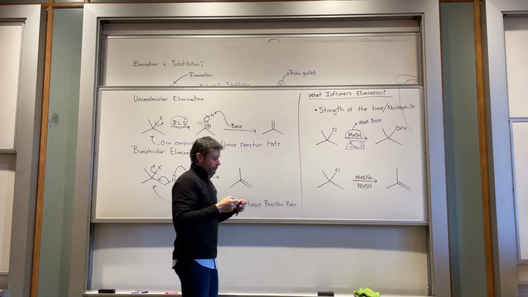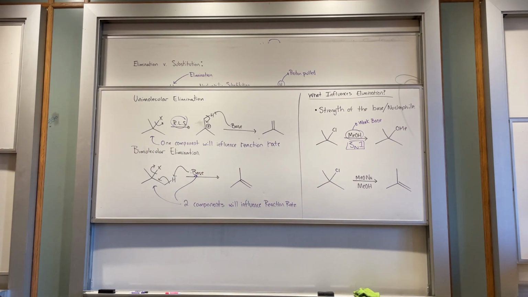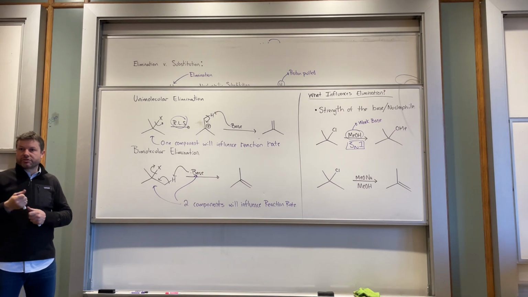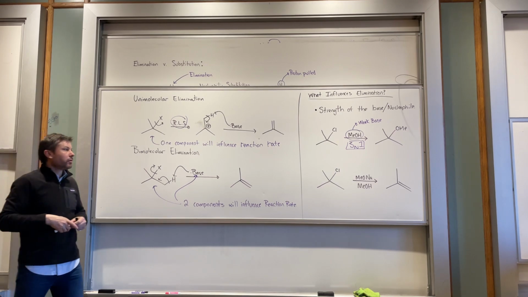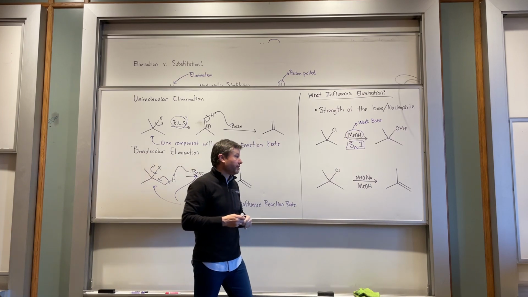So here are two reactions. You can see we're starting with the same starting material, and the only difference is in the top reaction we're using methanol. In the bottom reaction we're using a combination of deprotonated methanol, or sodium methoxide, in methanol solution. So in the top reaction we have a relatively weak base, relatively weak nucleophile.